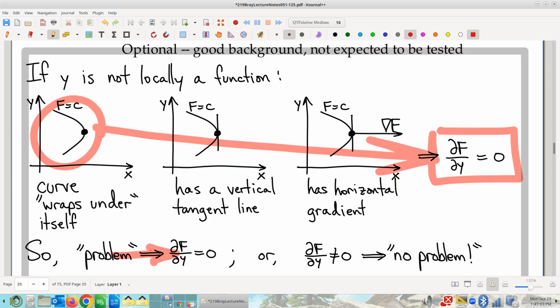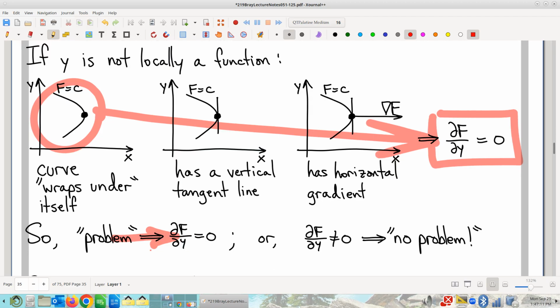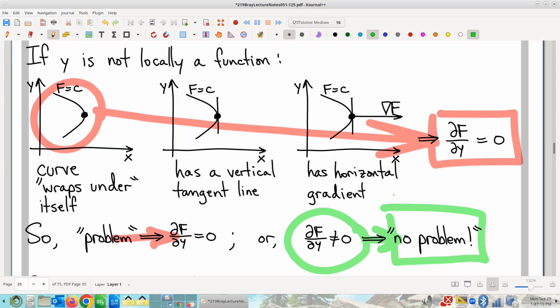Remember, if P implies Q, then not Q implies not P, right? So the contrapositive is, if you compute the y partial and it's not 0, there's no way there could possibly be a problem, because problems would force this to be 0. This is the useful version of this argument.